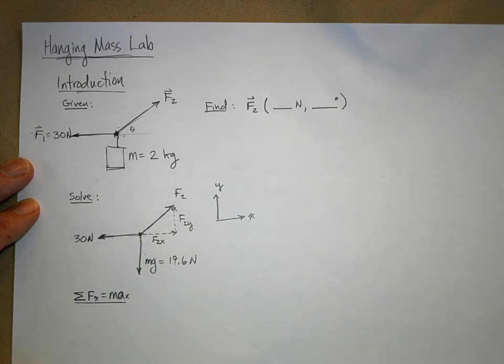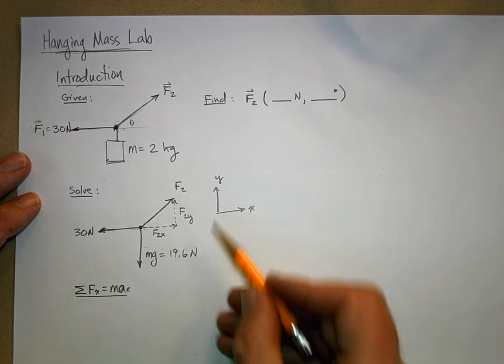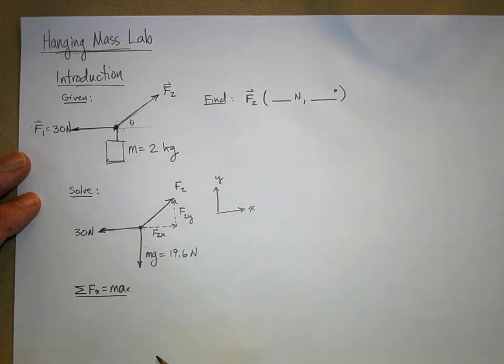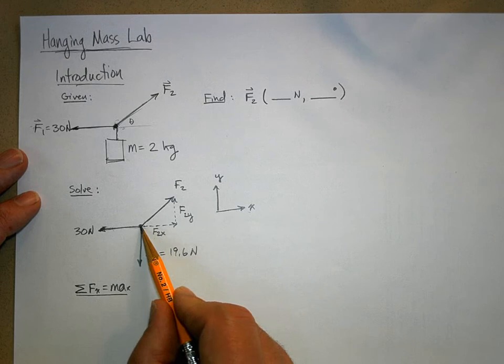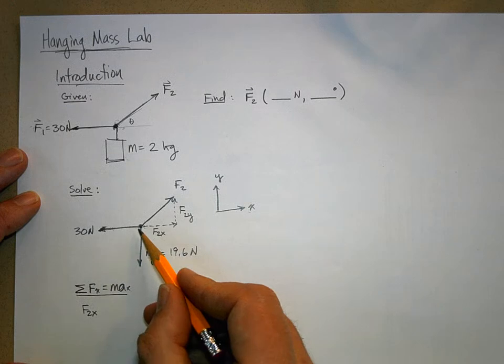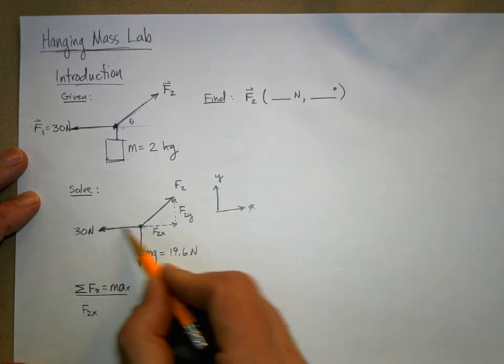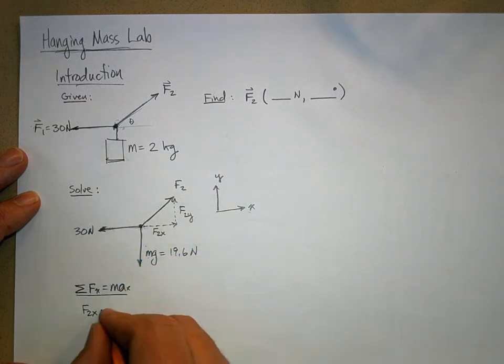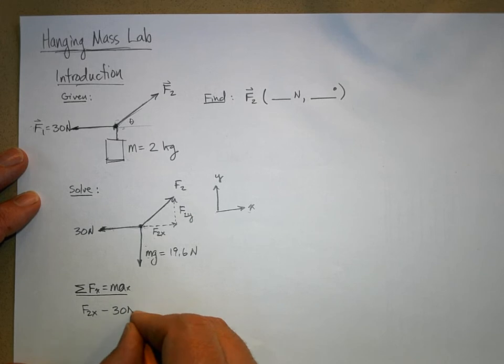We're using Newton's second law in the x and y direction now. And if I look at this problem, I can say, okay, look, F2 in the x is pulling to the right, but I've got 30 newtons pulling to the left, so this is going to be minus 30 newtons.